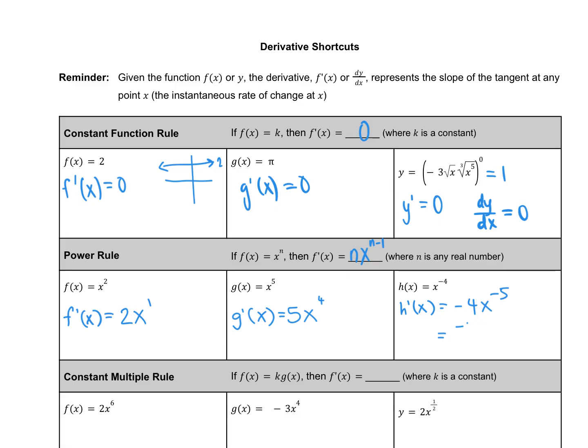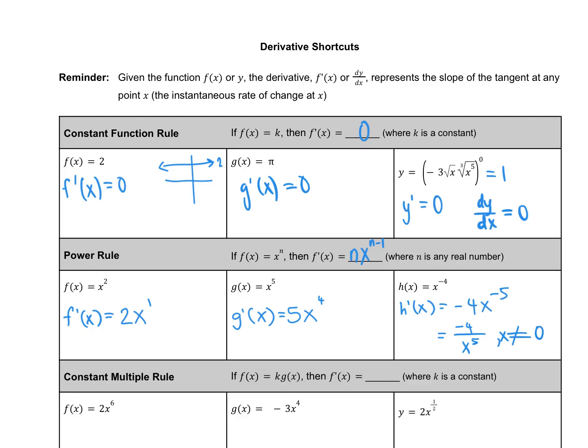So I'm just going to bring that negative exponent down into the denominator. So I'm taking a reciprocal of that base to make the exponent positive. And now when I see a variable in the denominator, I'm thinking, oh, this is a rational function. I should have a restriction. And that restriction is that x cannot equal 0. Otherwise, we'll have to divide by 0, which we know we cannot do.